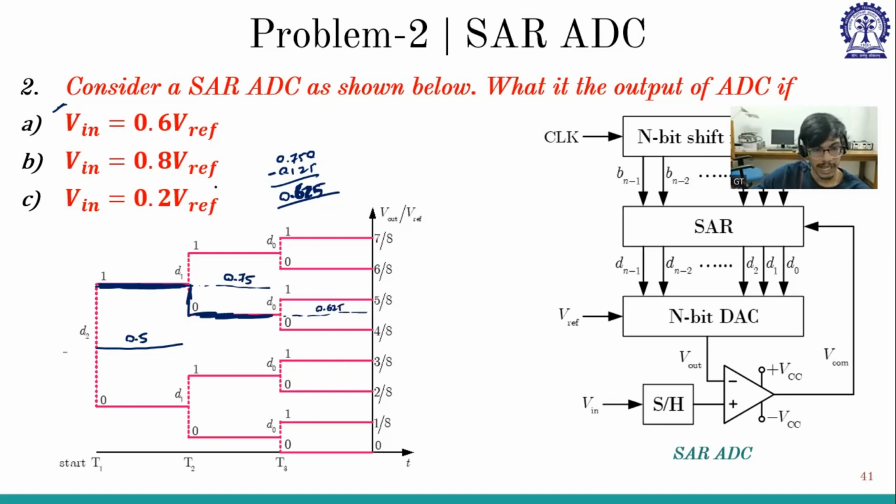Now is my voltage less or more? My voltage is less. So here it is 1, here it is 0, here also it is 0.